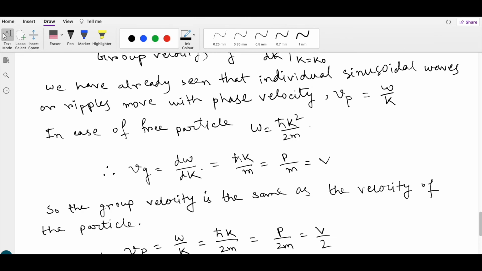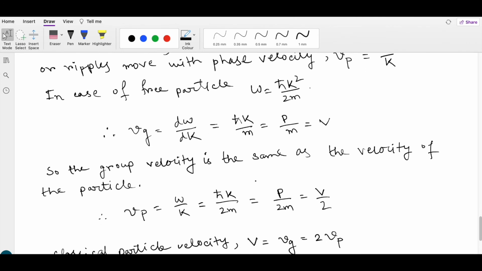So Vg is d omega by dk, and differentiating it we get h cut k by m, and h cut k is p, so p by m. So this is v, the classical velocity of the particle. So the group velocity is the same as the velocity of the particle.